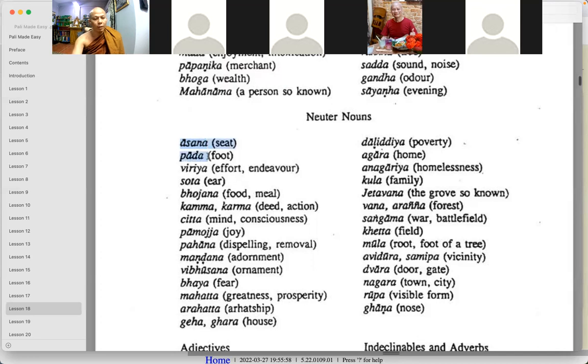And pada means foot. And viriya, effort or endeavor. And sota, ear. And the bhojana, food or meal. And the kamma. So in Pali what is kamma? But here karma is just the Sanskrit form, not Pali. In Pali, rma becomes mma.